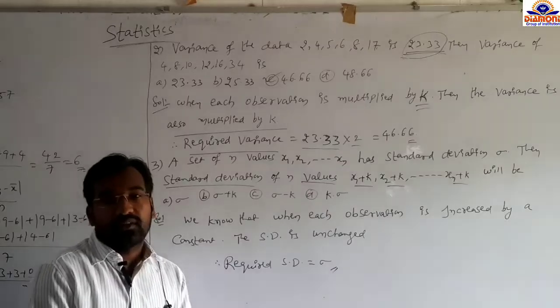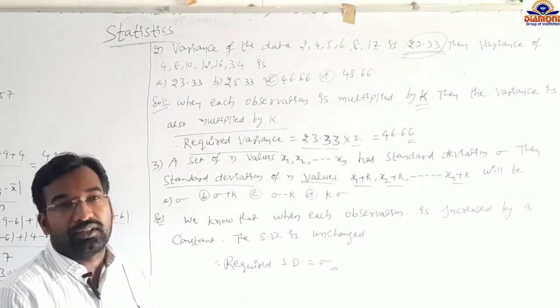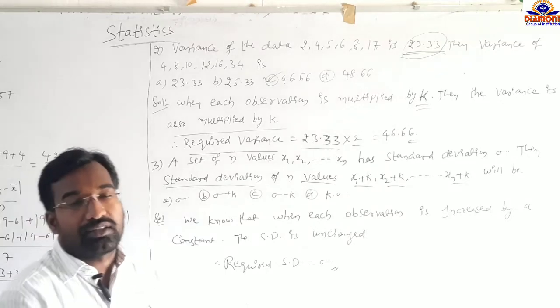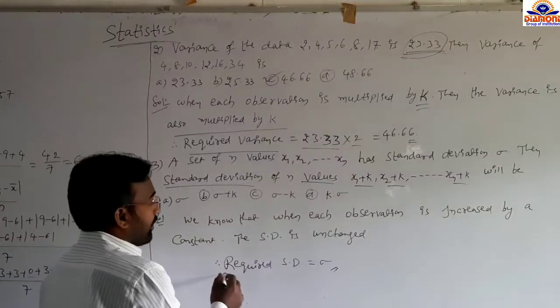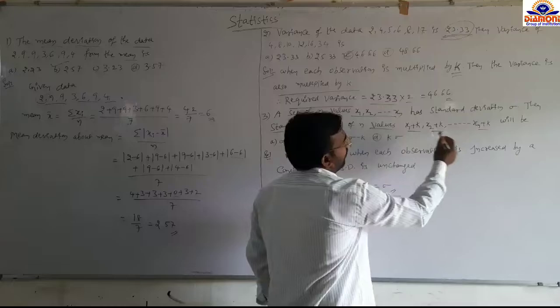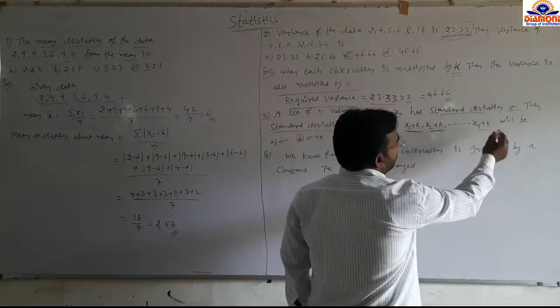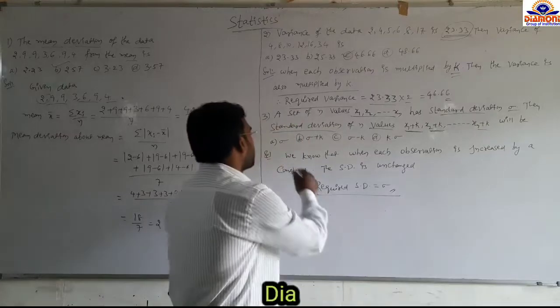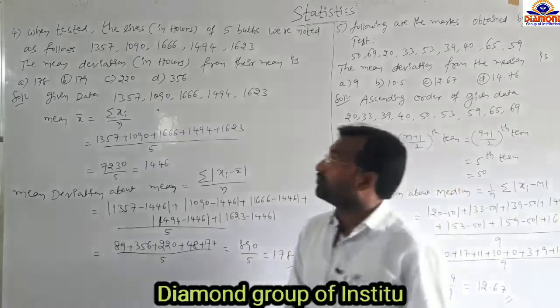When each observation is subtracted or added by some constant, the standard deviation does not change; it stays the same. So the required standard deviation is also sigma only. So the option is A. Next problem.